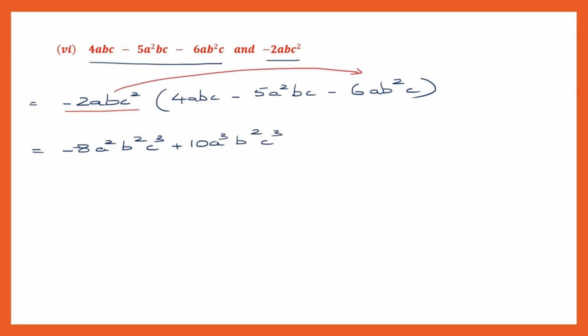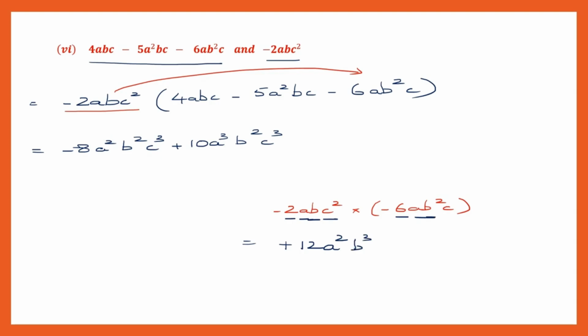That is minus 2abc square into minus 6ab square c. So let's begin now here. First the sign, minus into minus is plus. Then the numbers, 2 6s are 12. Then let's take a and a, both are 1 each. So a to the power of 2. Then b, there is 1b and here b square. So that is b to the power of 3.